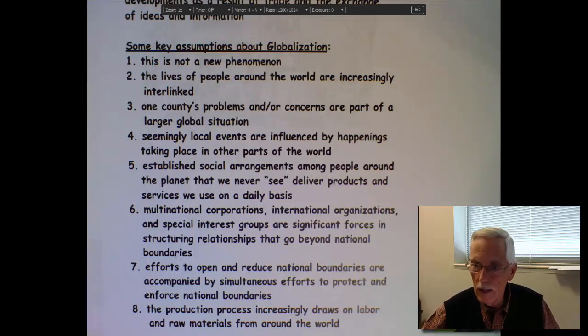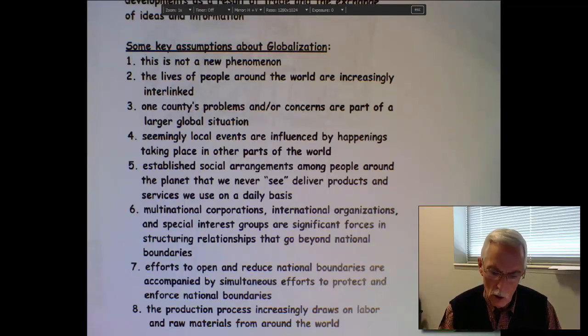When you're talking about issues such as unemployment, pollution, violence, the spread of infectious diseases, all of this is tied in to globalization. And what appears to be simply a local event may very well be linked to events happening in other parts of the world.